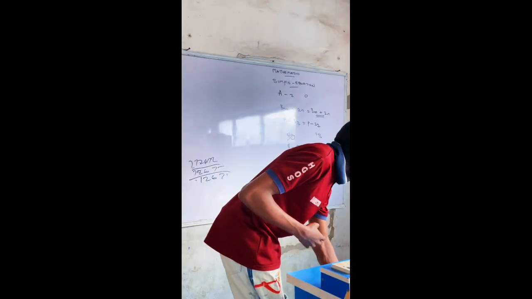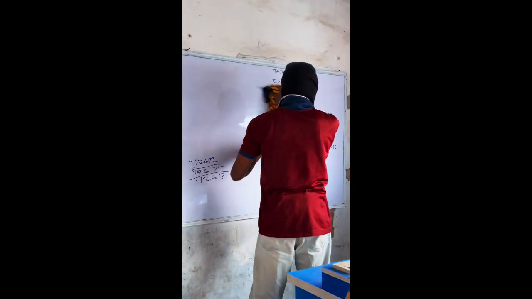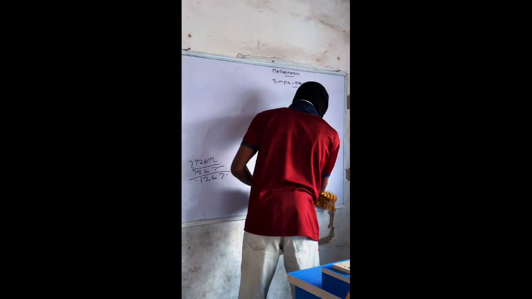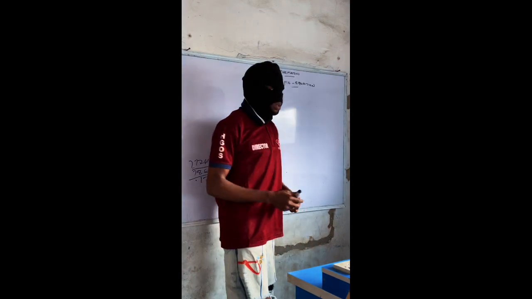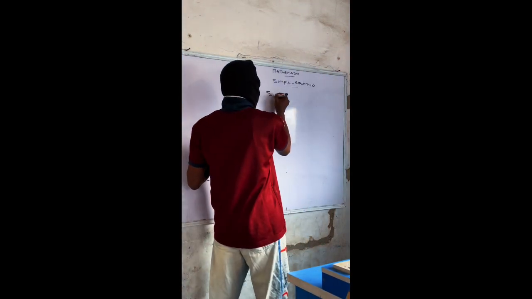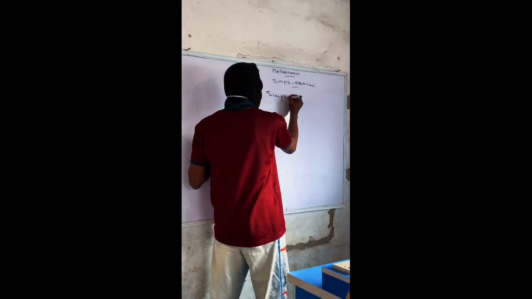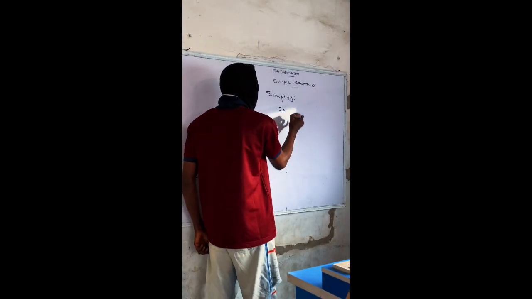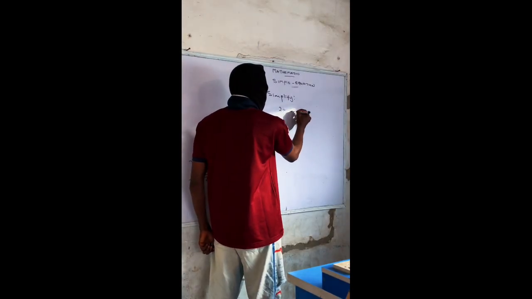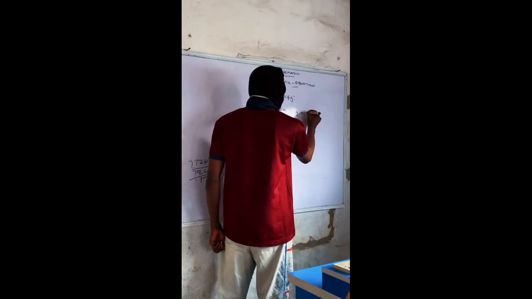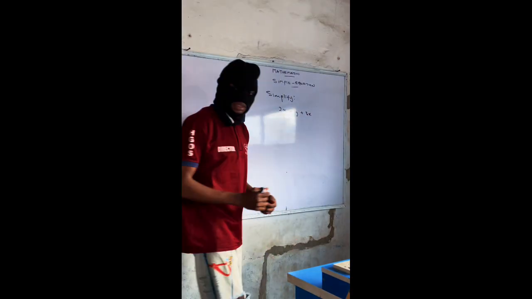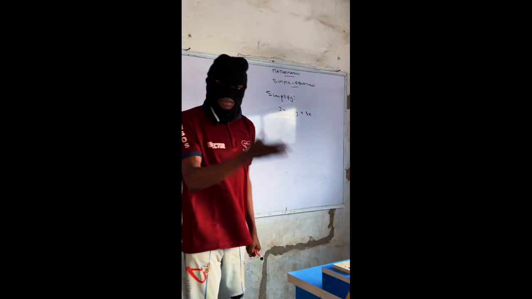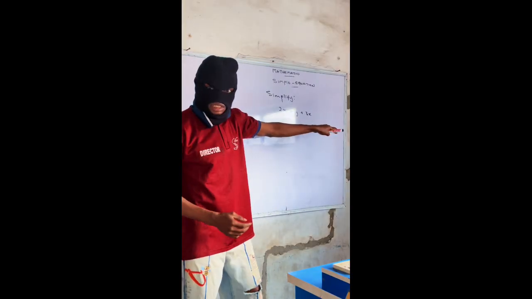For example, let's say you have something like this. They can ask you to simplify 2x plus y plus 3x.